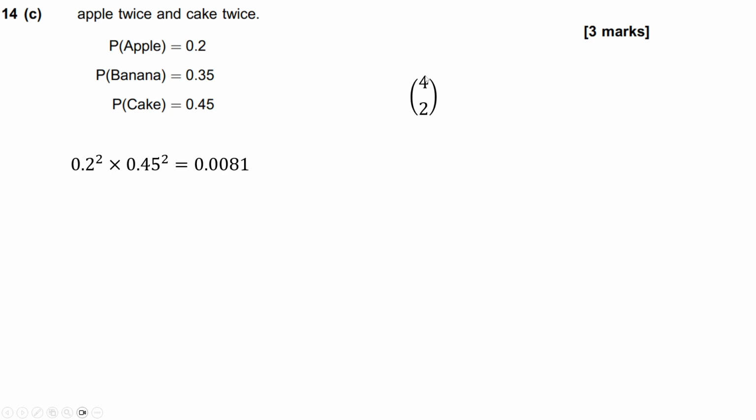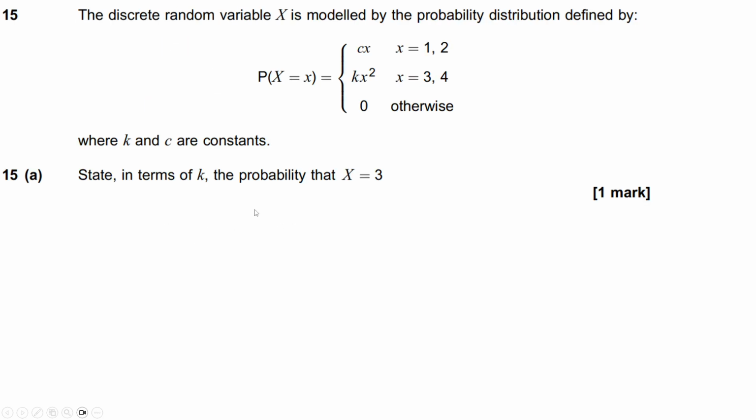So it's just 4 choose 2, and if you put that in, you can just put this into your calculator. It gives you 6. Factorial just means, I'm sure you know what factorial is because you've done binomial expansion. You get 6. So there's 6 ways to arrange this to either get an apple cake, or apple cake. So you do 6 multiplied by that to get this, and that's your answer.